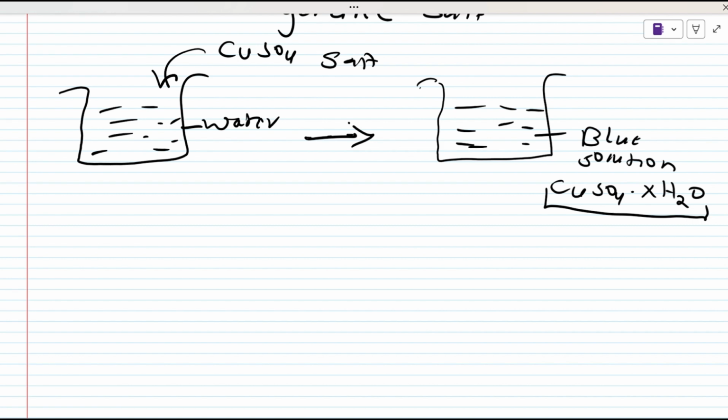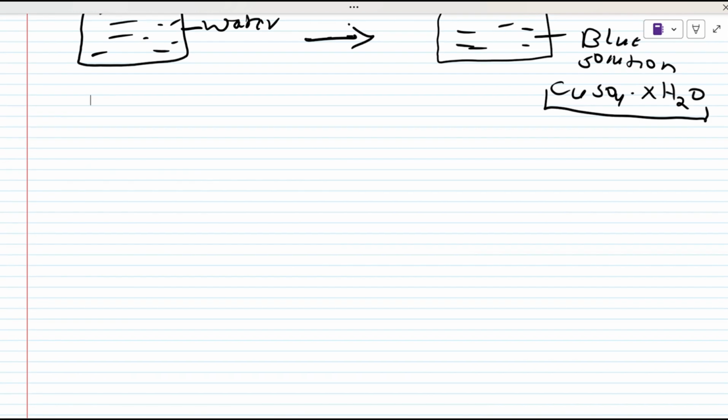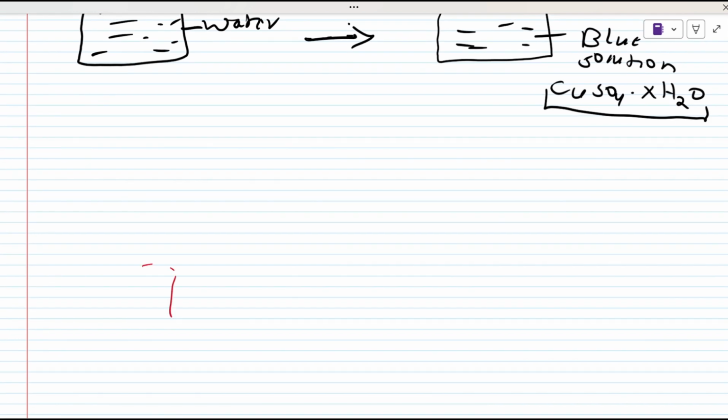I must have my electrolytic tank. I'm going to draw my electrolytic tank, and my electrodes.